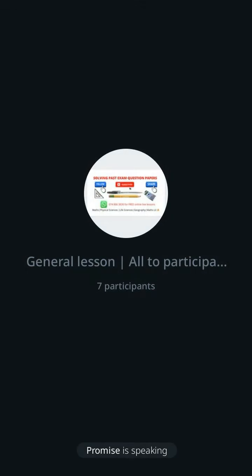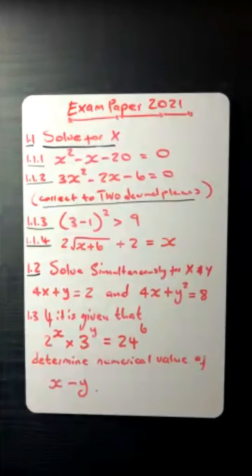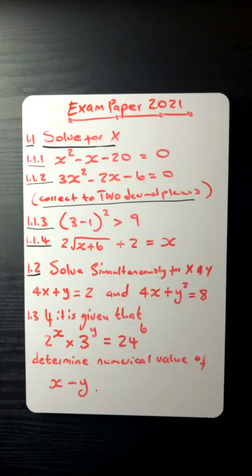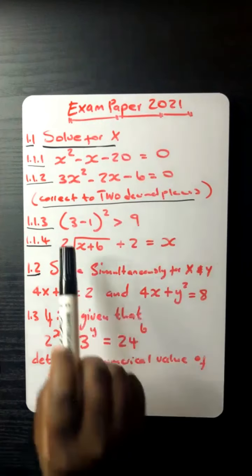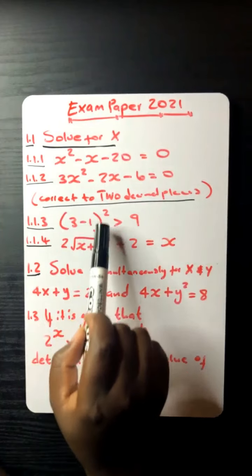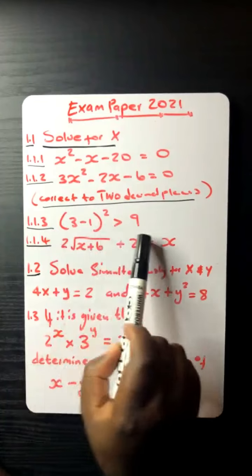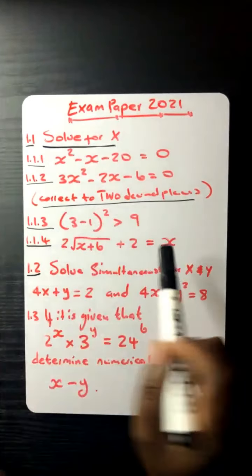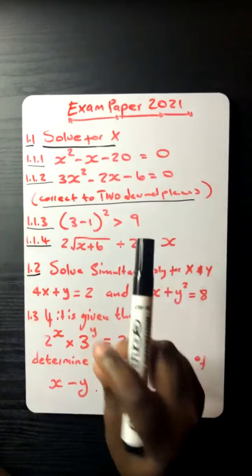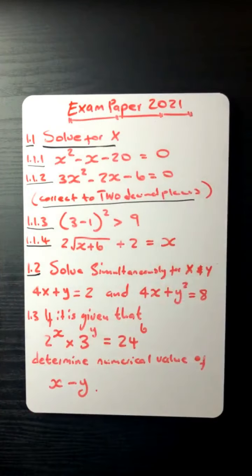Is your Lohan changing? Yes, this equation, it's 3 minus 1 close squared greater than 9. There must be x somewhere. So, I think go to the WhatsApp group, send screenshots of the whole of this question. Check from that one.